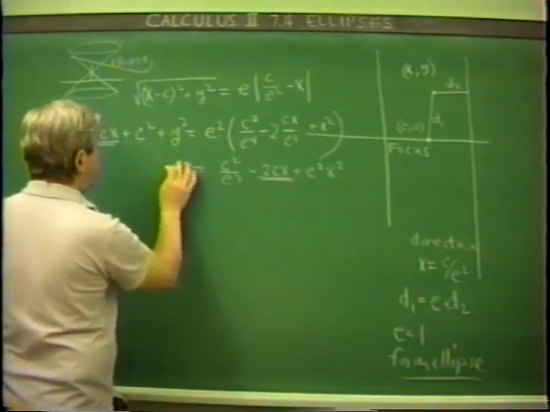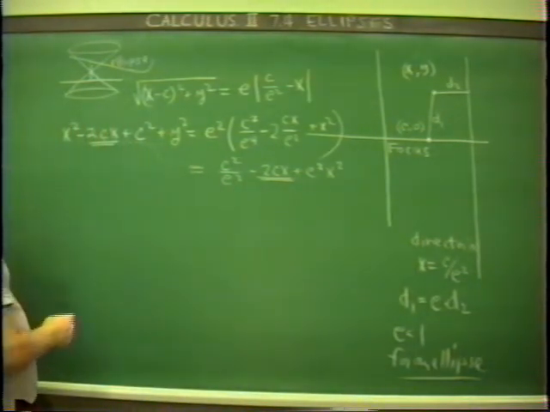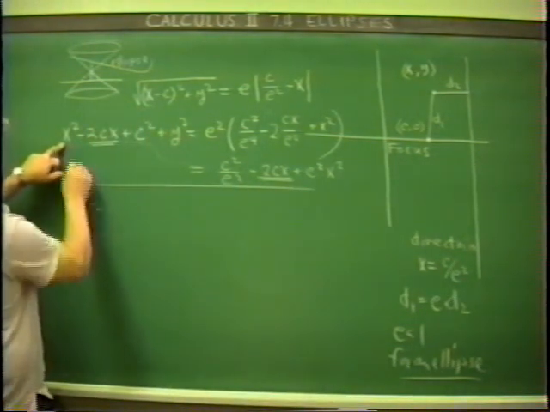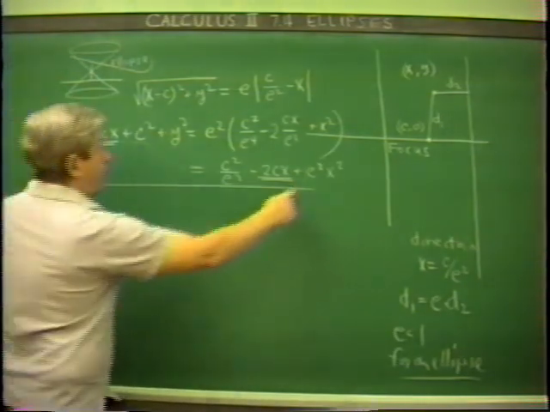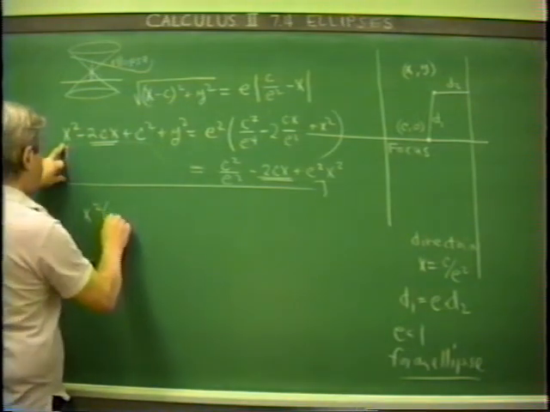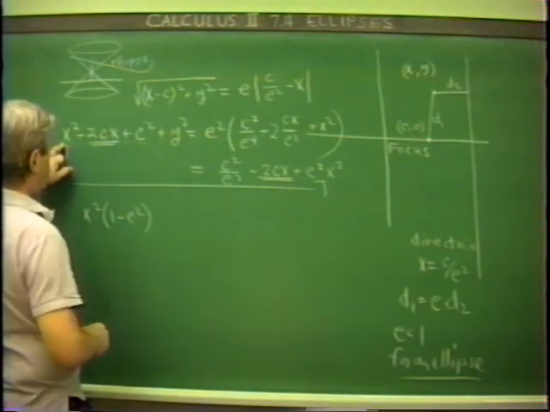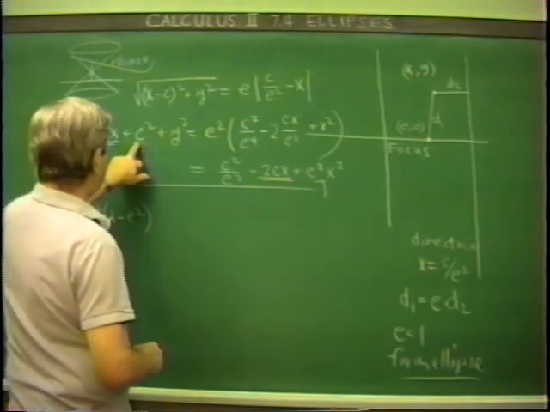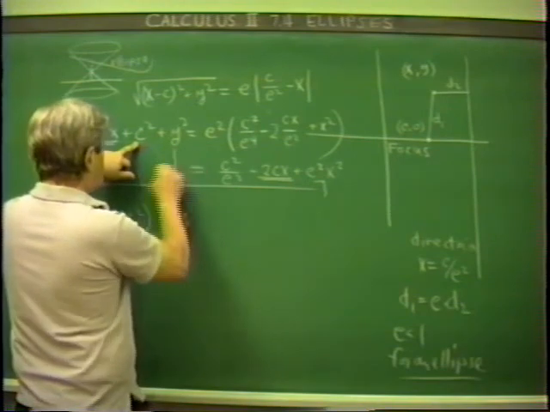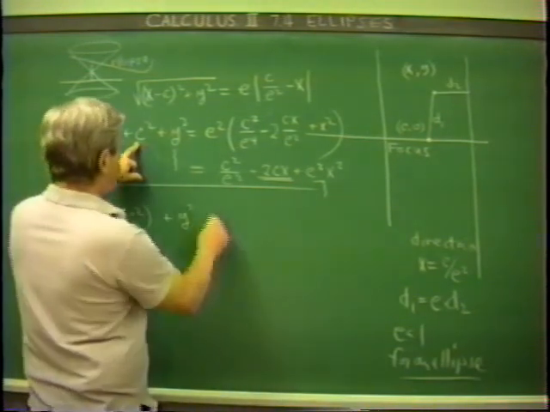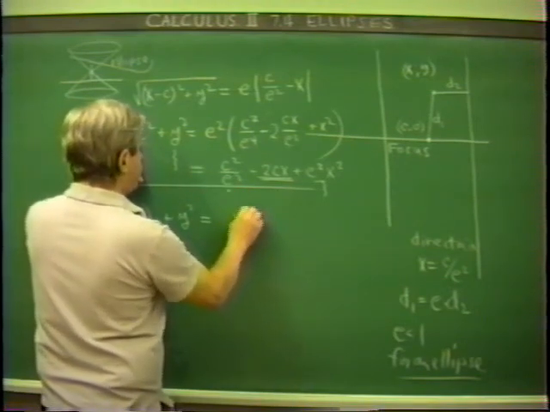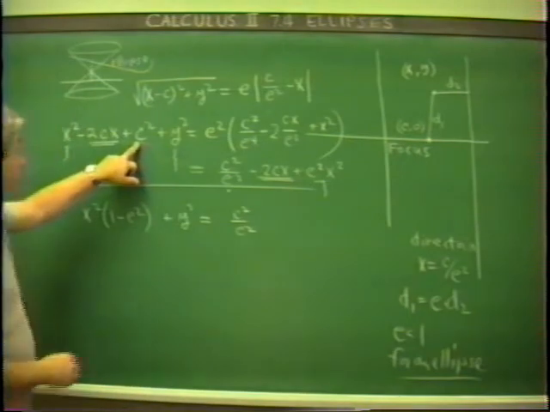So we can remove those from the resulting equation here and write a new equation. Here we've got x squared, that's minus e squared x squared. So this is x squared times 1 minus e squared. Now we've got a c squared here and a y squared. Let's take care of the y squared. And this is going to be equal to then c squared over e squared.